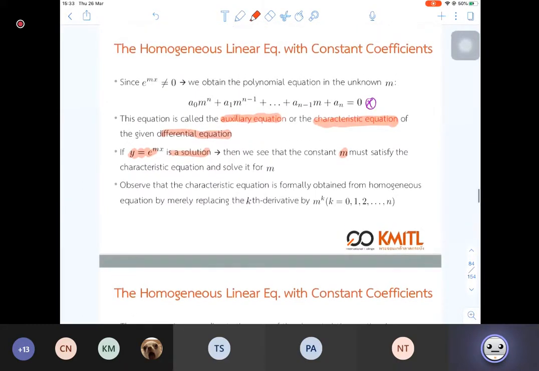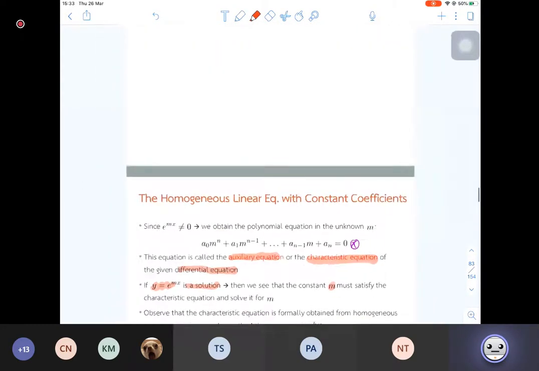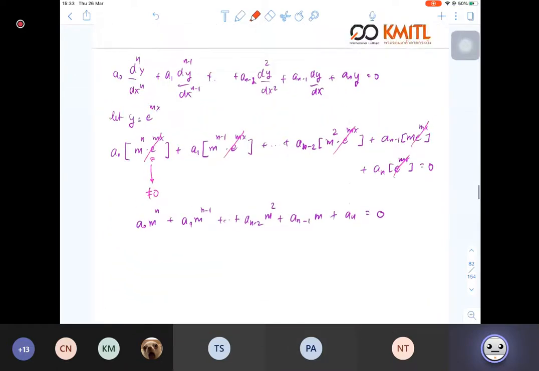We just replace the n-th derivative with m to the n, the n minus 1 derivative with m to the n minus 1, the second derivative by m squared, the first derivative by m, and no derivative with m to the power of 0, which is 1.